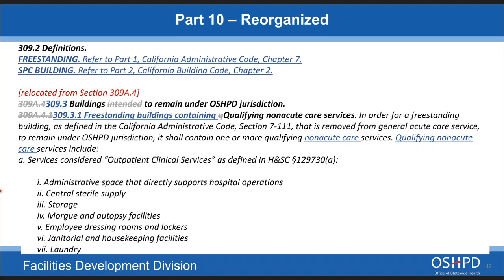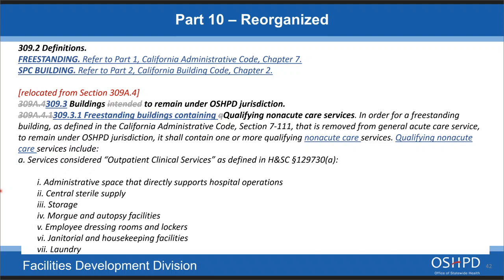For definitions for freestanding and SPC building, we're pointing back to part 1 and part 2 for definitions. And buildings, 309.3 is buildings to remain under OSHPD jurisdiction, identifying when freestanding buildings can qualify for non-acute care services.